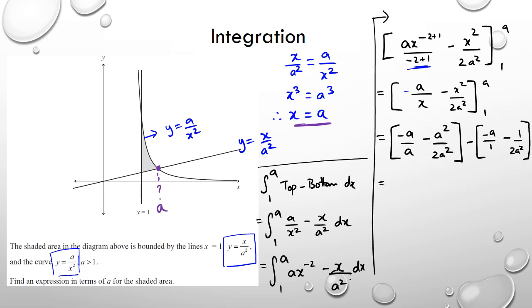So simplifying this, I've got negative 1 minus a half, minus negative a minus 1 over 2a squared. Simplifying this, I'm going to get negative 3 over 2 for this bracket, plus a plus 1 over 2a squared. And there you go, that's basically it. Can't do any simplification any further than that. I mean, you can if you want to, but I've left my area in terms of a.